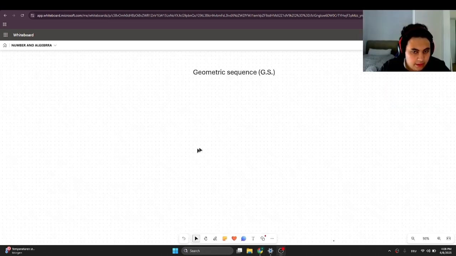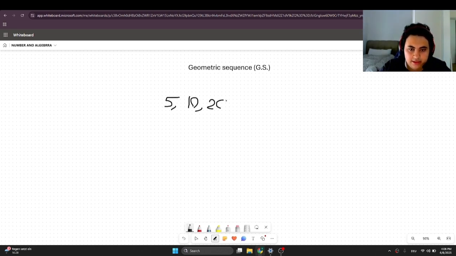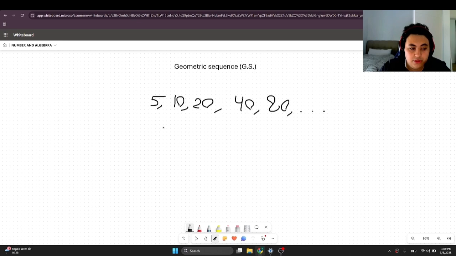Okay, so now we're going to move on and discuss geometric sequences. Like I explained arithmetic sequences, I'm going to explain geometric sequences the same way. Let's imagine that I have this sequence right here: 5, 10, 20, 40, 80, and it keeps going. Now, I'll ask you what you see here.